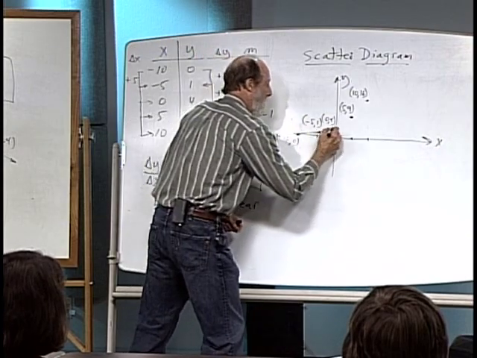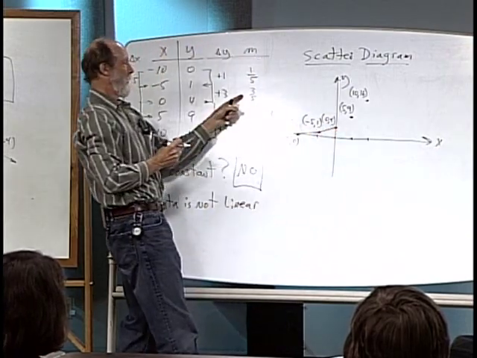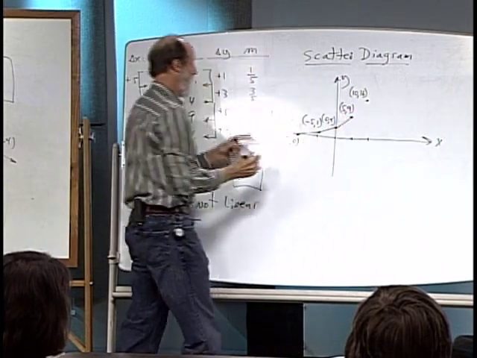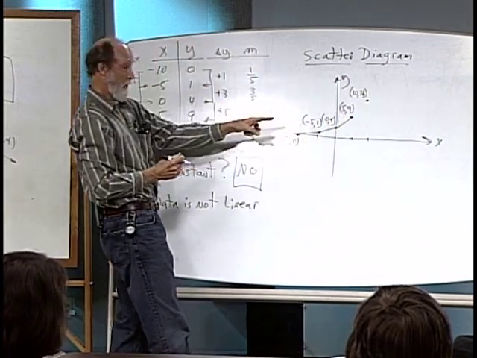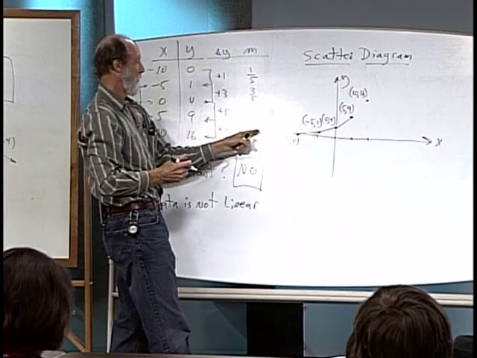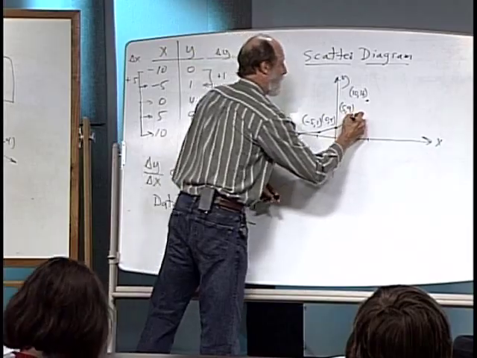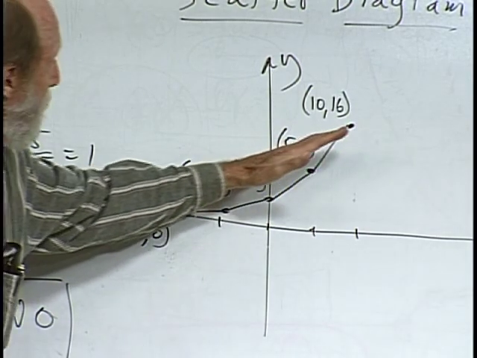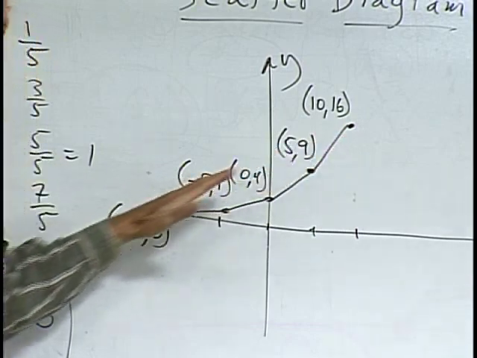This slope, 3/5. The next one, slope of 1. Pretty good looking graph, huh? Okay. And then finally, a slope of 7/5 between those last two data points. Do you see how the average rate of change is increasing? Yeah. And so this function is growing, but it does not appear to be growing linearly, does it?